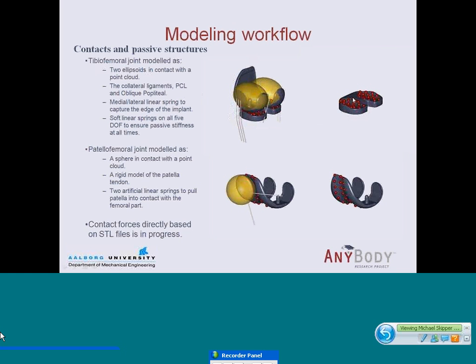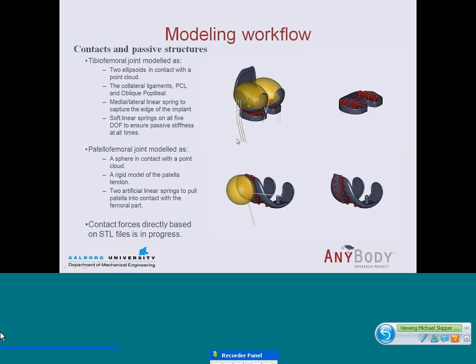Then computed contact forces between the ellipsoid and the point cloud, such that if they were not penetrating each other, there were no forces, and if the point was inside the ellipsoid, there was a force that was linear with the penetration depth. And then, of course, summed over all the points. Same was done both on the medial and lateral side.